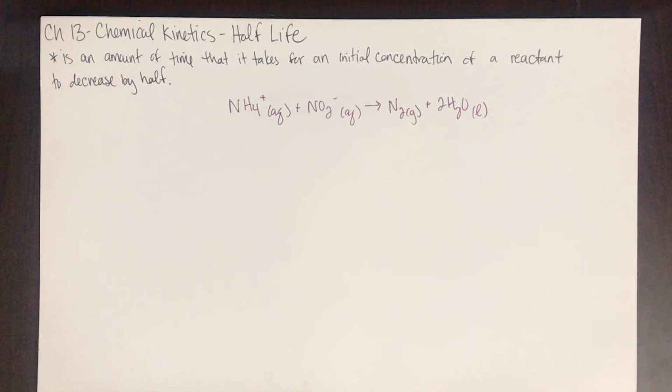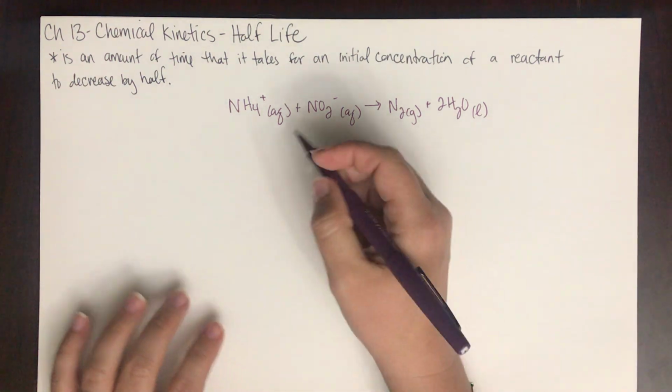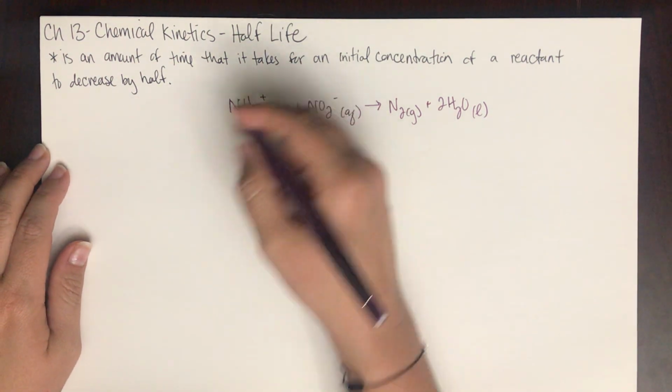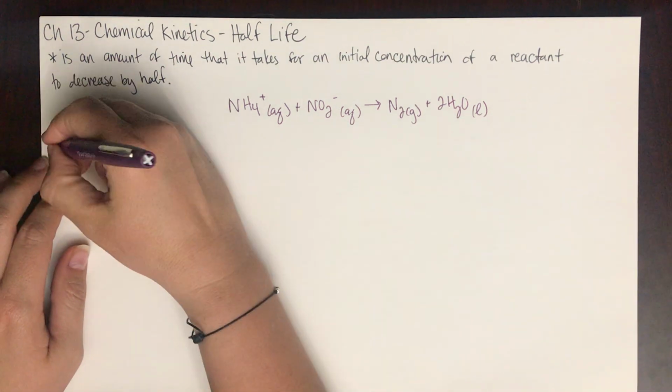So this is a little bit tricky because it tells you the initial concentration of ammonium. I'm going to write out the whole question just so you can see it.